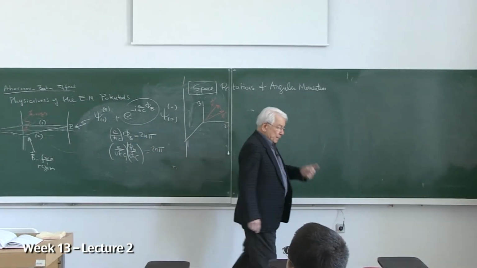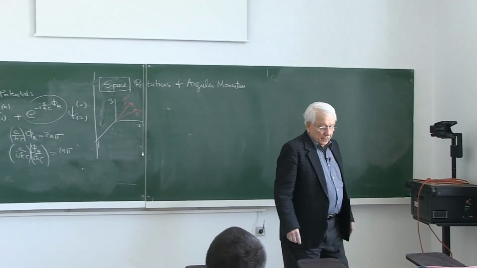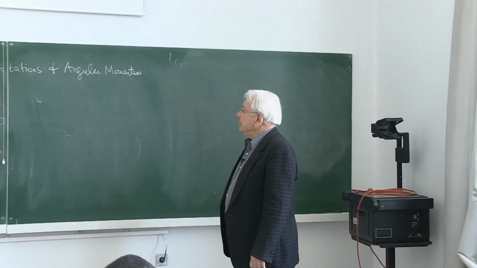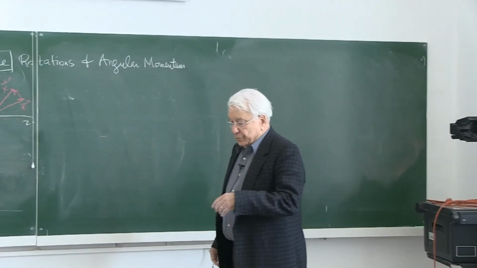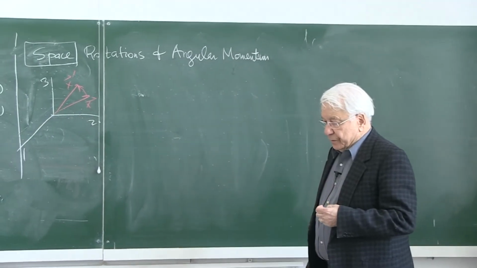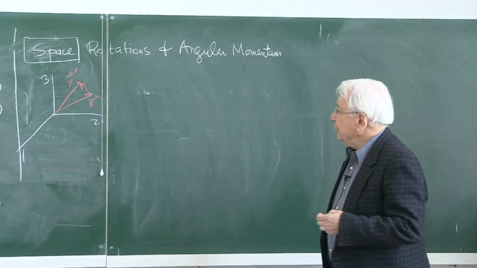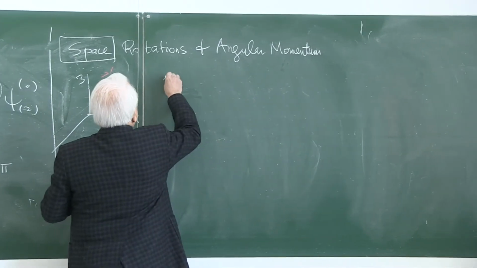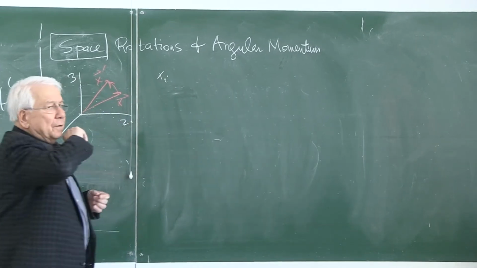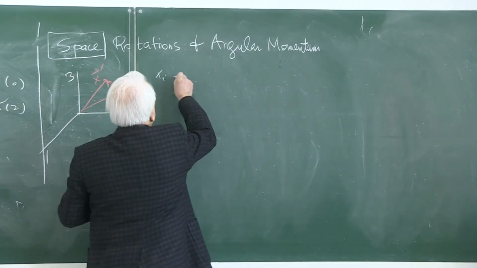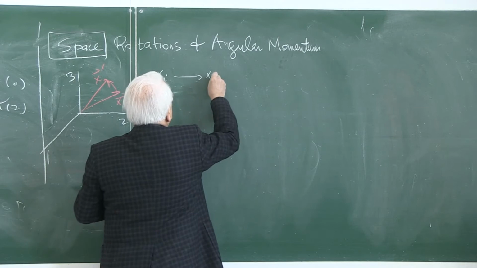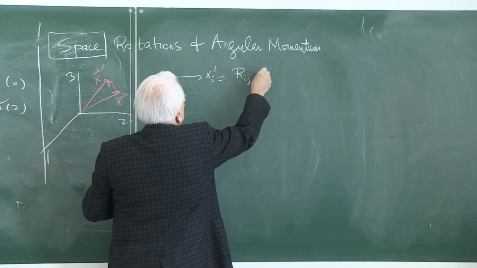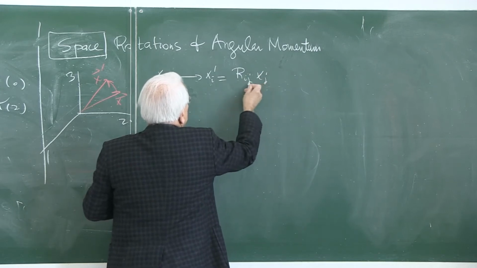So based on the introductory remarks I have made, let me start revealing the properties of the rotation operator or rotation matrix. If we have a collection of coordinates xi, and we make a transformation to xi prime via an expression of this form, repeated indices are summed.